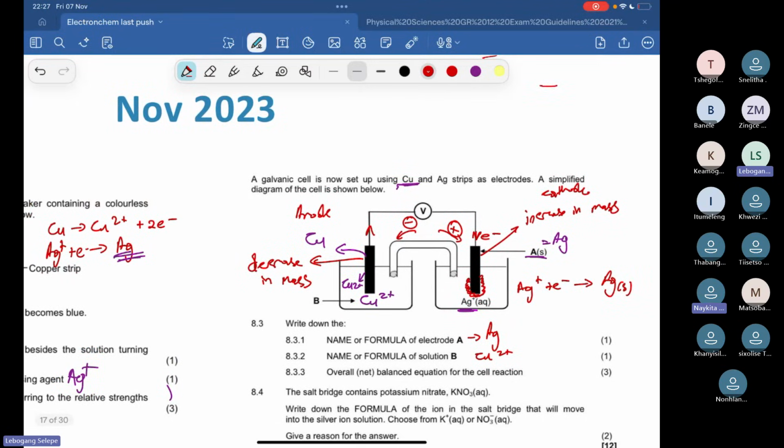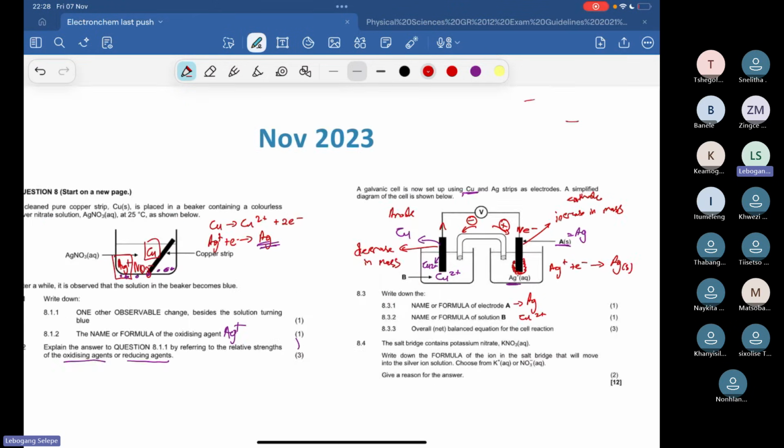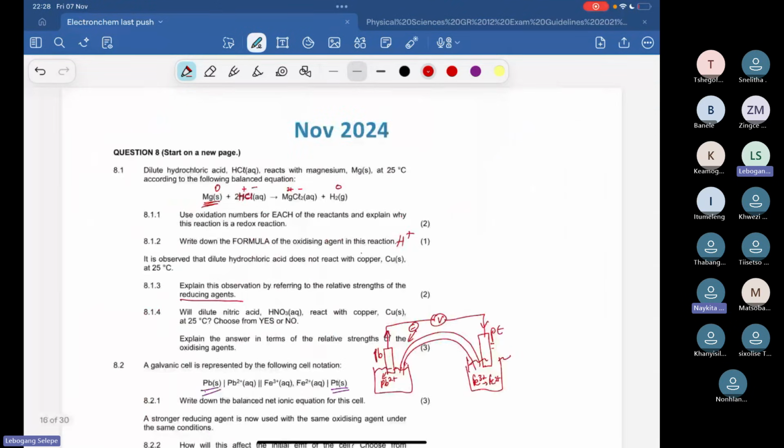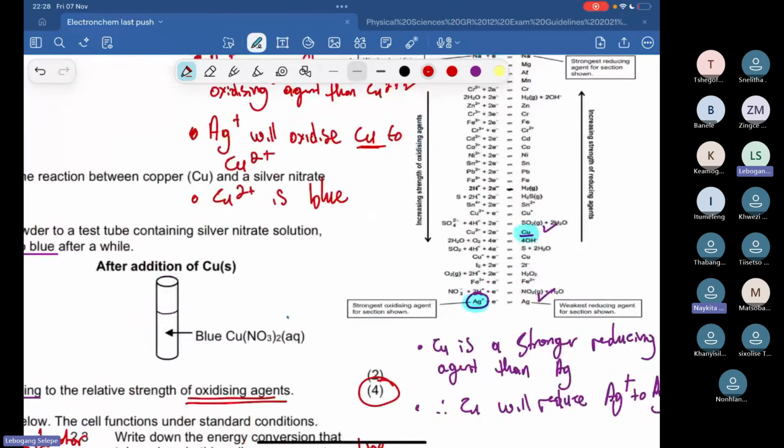Before you continue, how do you know it's Cu2 plus and Cu and not Cu plus and Cu? How do I know? There are almost two reactions for copper: there is Cu2 plus that makes Cu, and there's Cu plus that makes Cu.